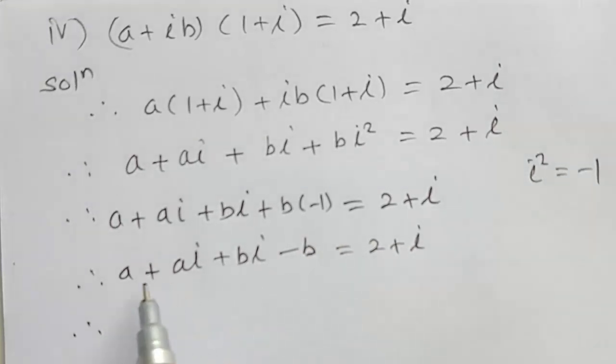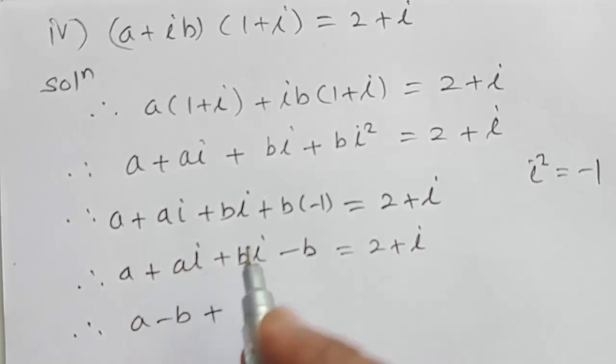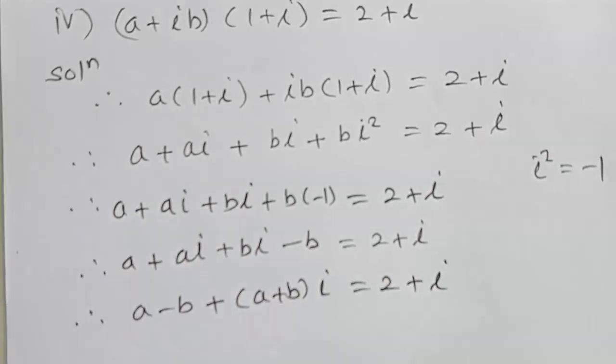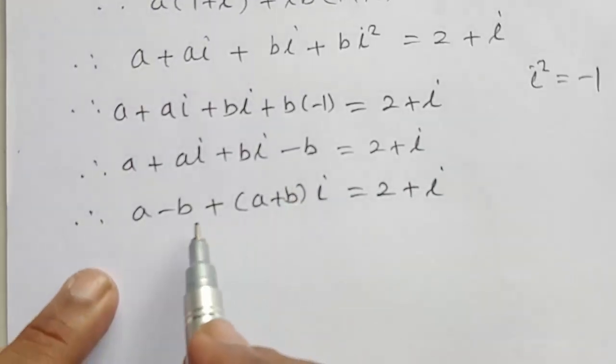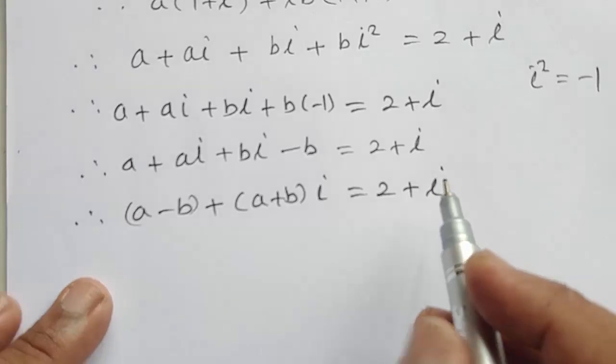Now collecting the real part together and imaginary part together, a minus b plus a into i plus b into i, i is common, therefore (a plus b) into i is equal to 2 plus i.